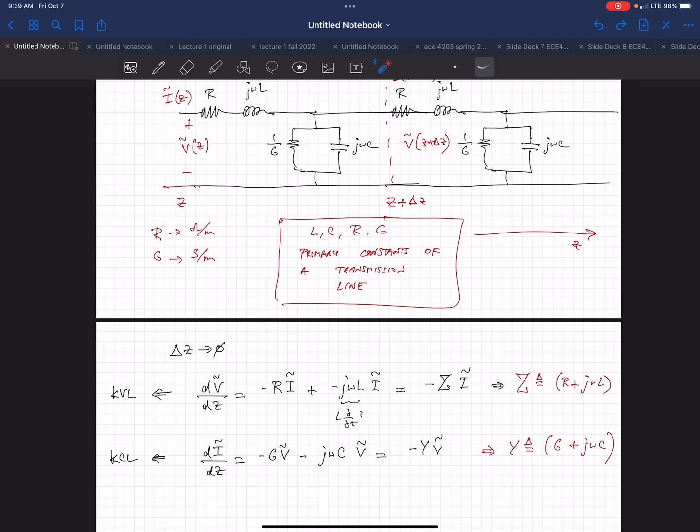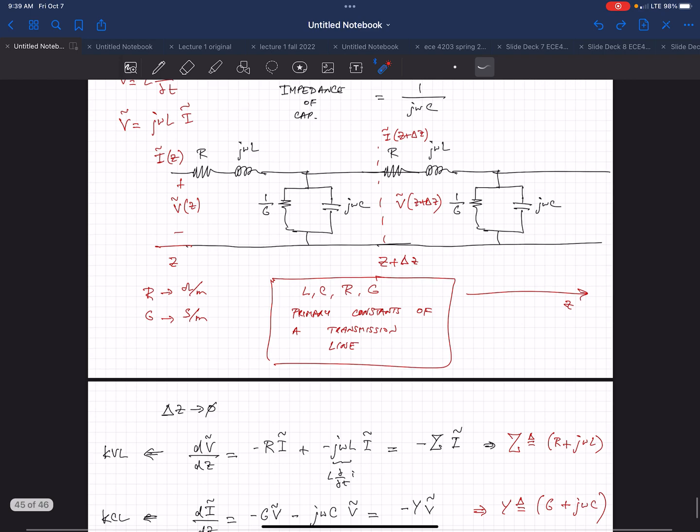Does that make sense? Yes, because when you said change of z is equal to zero, actually we're still at the source. This is now, just imagine you're in the middle of the transmission line. So we're talking about a transmission line itself now. We worked through the source and the load and transmission line.